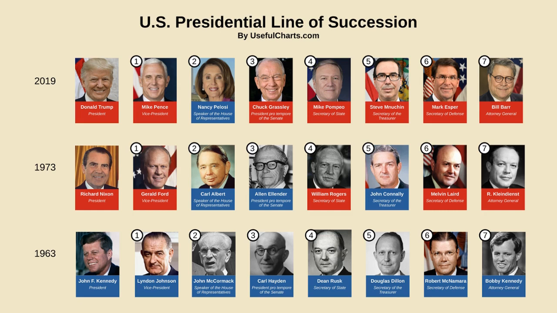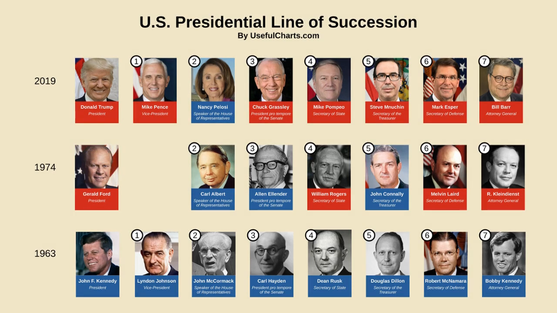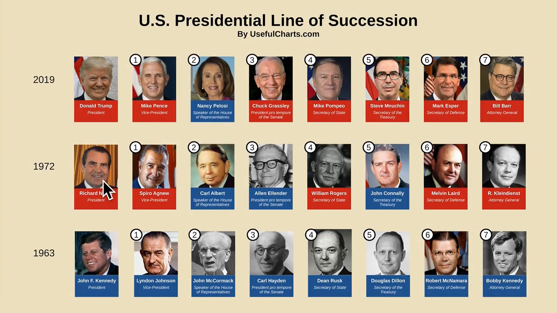And as it turned out, that backup plan was in fact necessary. When it became clear that Nixon was going to get impeached, he opted to resign instead. Ford became president, and then a month later issued Nixon a presidential pardon, meaning that Nixon could not be tried for his crimes.